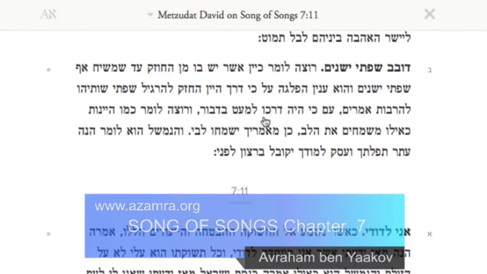And this wine, says the verse, Dovev Sifsei Yishenim, it causes the lips of those that are asleep to move in their sleep, muttering and talking in their sleep. This comes to say that this is like the wine that has such a strength that it even causes the lips of those that are asleep to begin talking. And this is a haflaga.